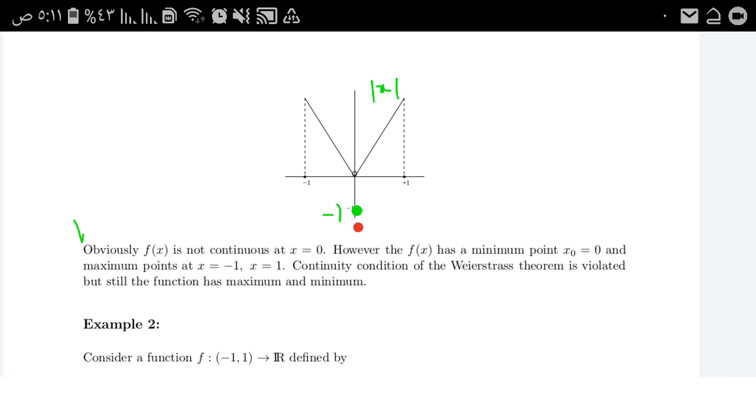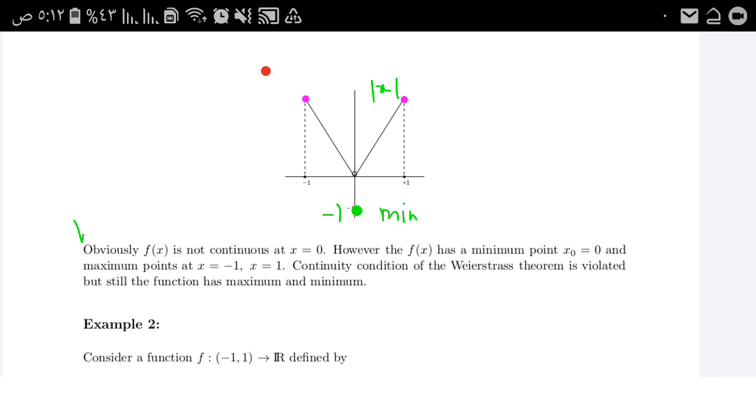So this point is a minimum, which is the absolute minimum. This point is the minimum, and the function f has 2 maximum points.